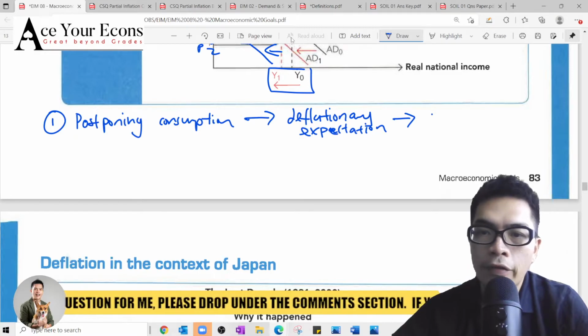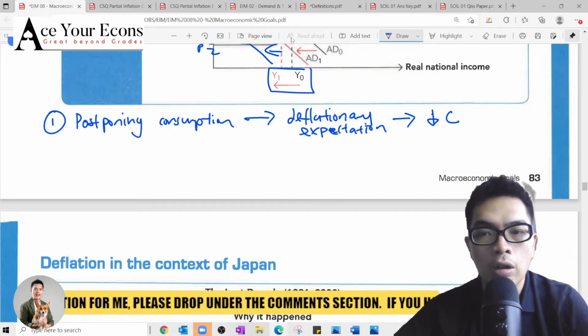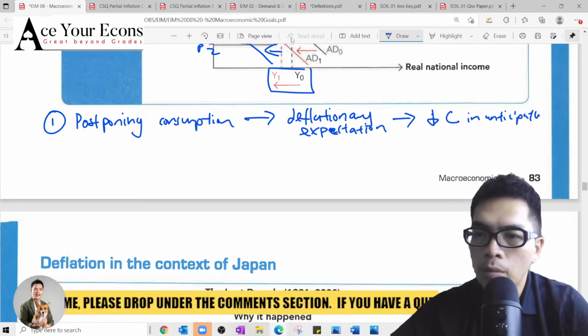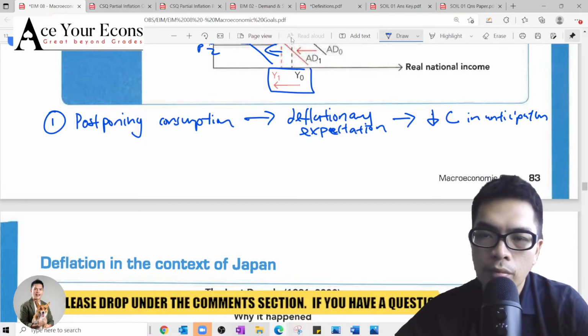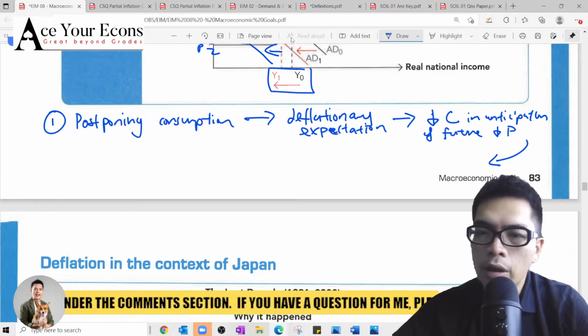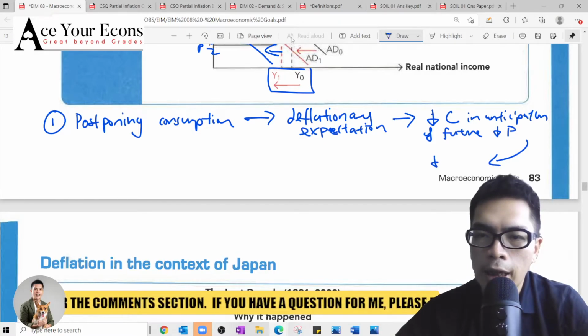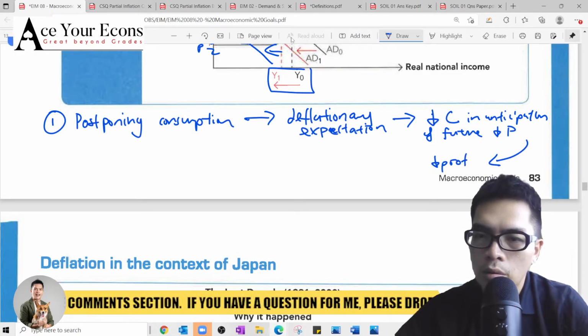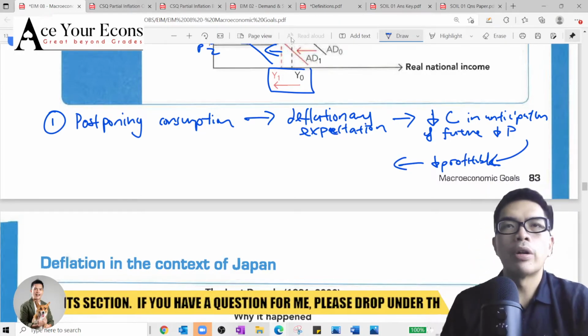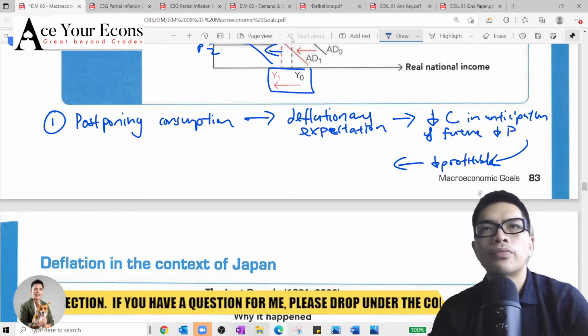So we can see this loop. When there's deflationary expectation, there will be a fall in consumption in anticipation of a future fall in prices. And this will lead to firms being less profitable. And what happens when firms are less profitable?